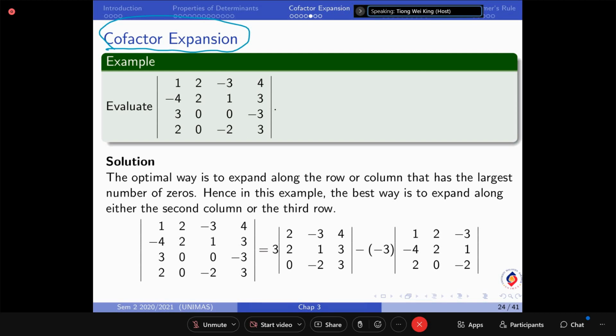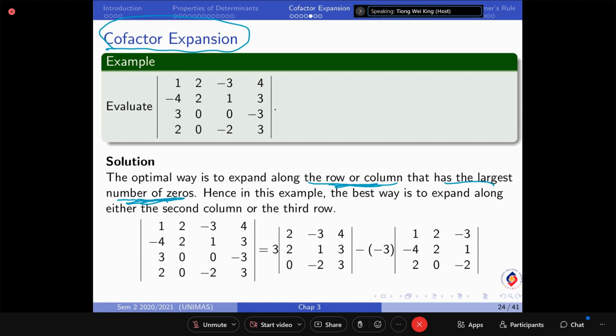So how do we apply this cofactor expansion? We need to do expansion along a row or column. Which row or which column? The rule of thumb is if there is a 0 in your matrix, you choose the row or column that has the largest number of 0s.